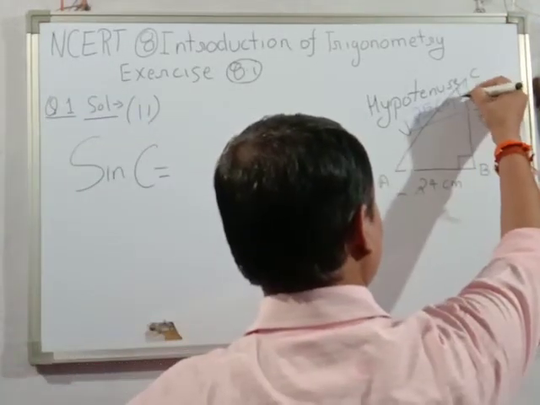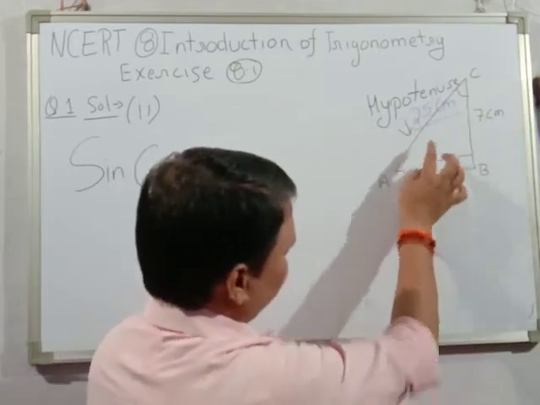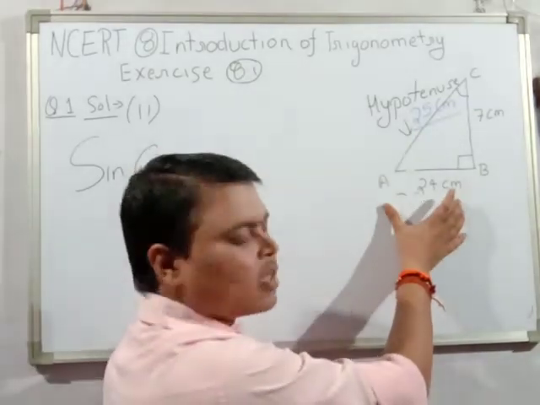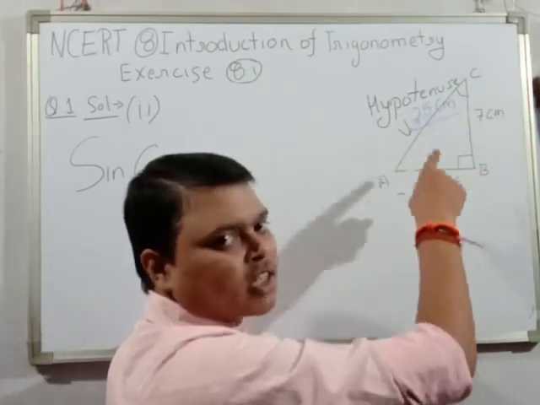This angle is C. So side opposite to angle C is AB and side adjacent to angle C is BC, that is 7 centimeter.